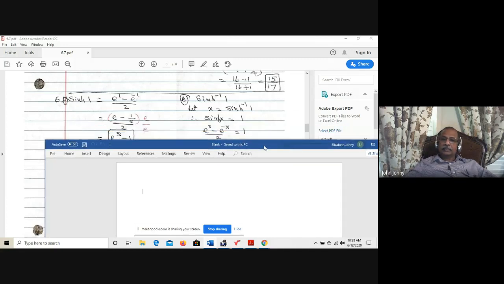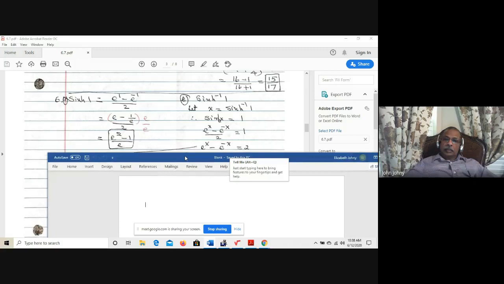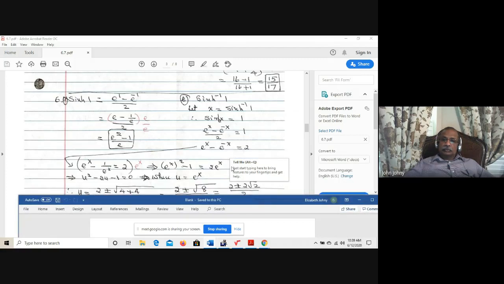That is e to the x minus e to the negative x divided by 2 is equal to 1. Multiply by 2, e to the x minus e to the minus x is equal to 2. So it becomes e to the x minus 1 over e to the x is equal to 2. Multiply by e to the x, you get e to the x the whole square minus 1 is equal to 2 e to the x.